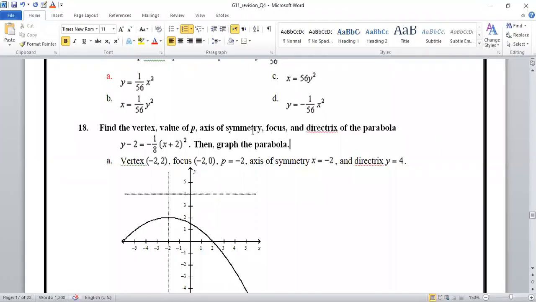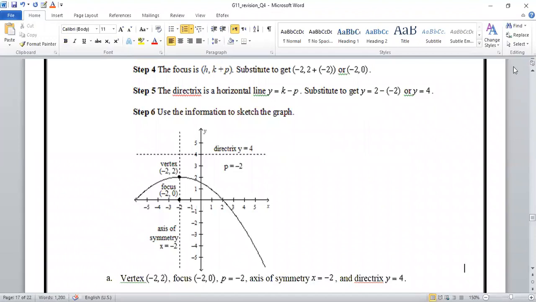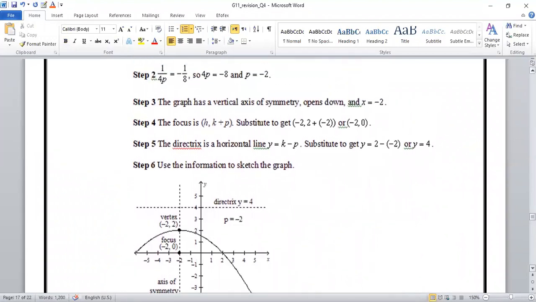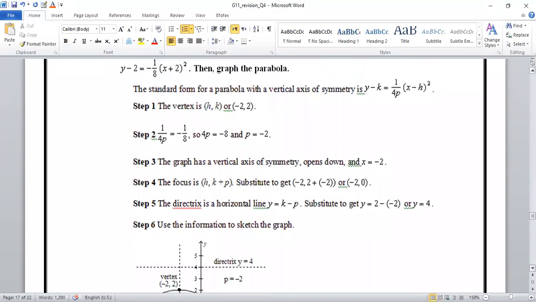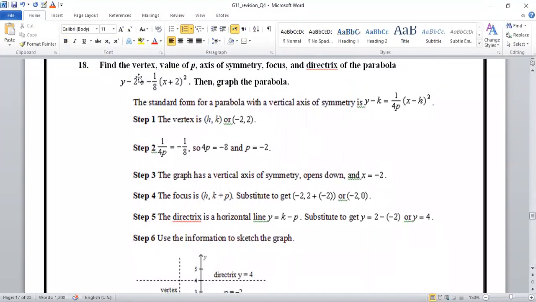Number 18, find the vertex, value of b, axis of symmetry, focus, and directrix of the parabola y minus 2 equal -1/8 (x plus 2) all squared. Then graph the parabola. Step number 1, the vertex is (h, k) from the equation of the parabola. The vertex is (-2, 2).